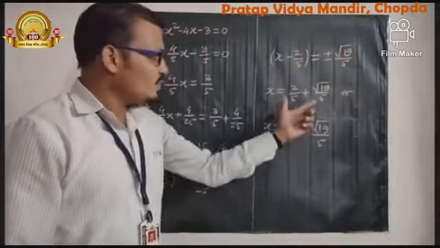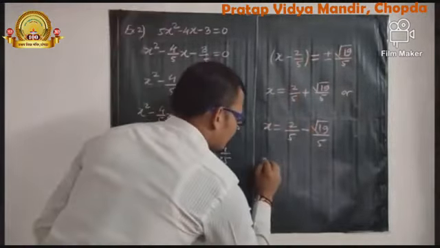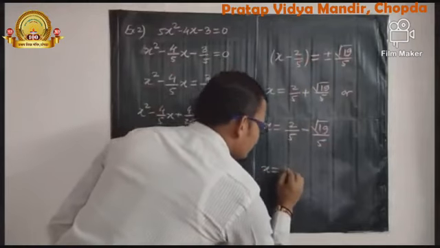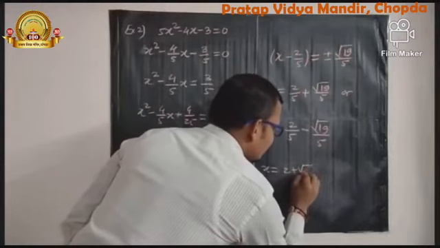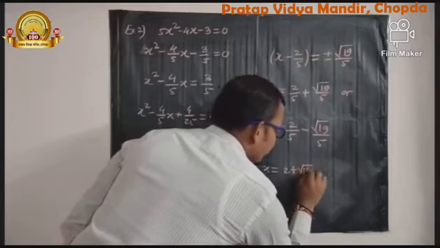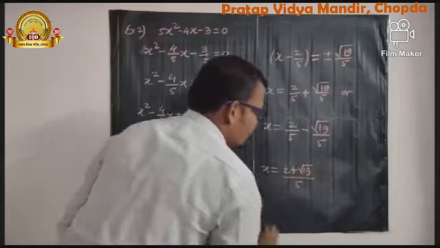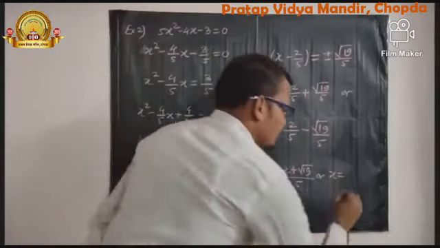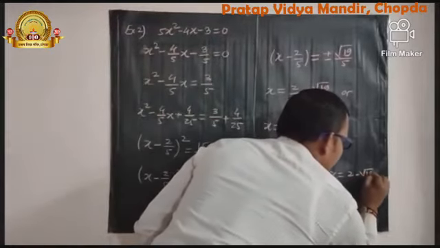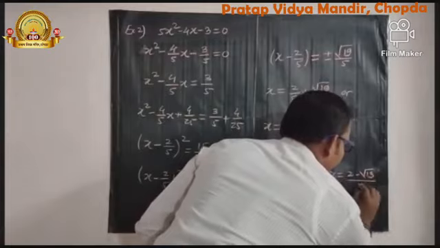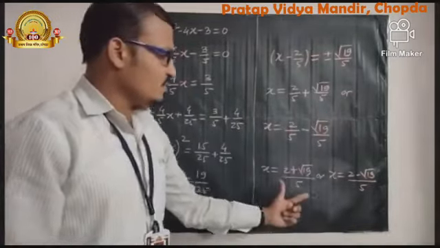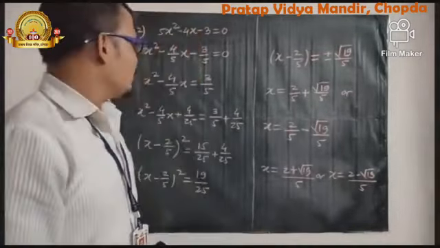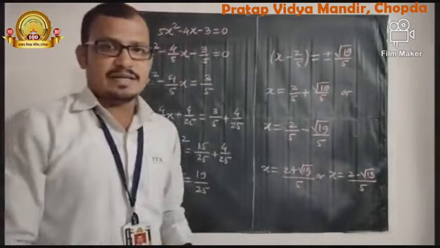You can also write this as x is equal to 2 plus under root 19 upon 5, or x is equal to 2 minus under root 19 upon 5. So these are the solutions of the given quadratic equation.